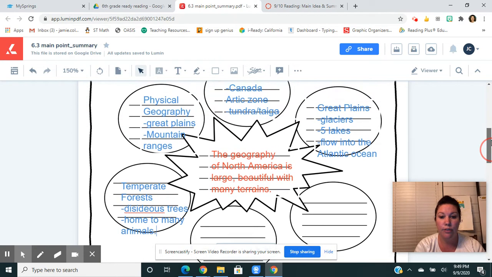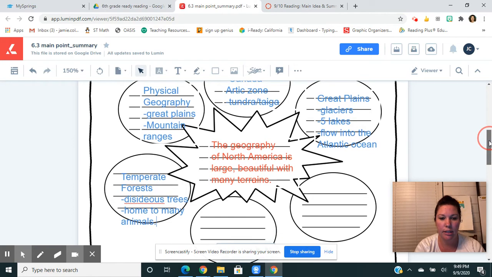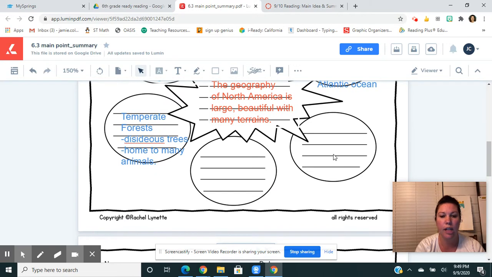And that goes for up here. You don't have to do these subtitles. I'm using them as an example. You could choose to do a different subtitle and details here. That is completely up to you. I'm sorry, it looks scratched out, but it just didn't line up with the lines, not so nicely like this one did. So you're going to fill out those last two bubbles before you turn it in.